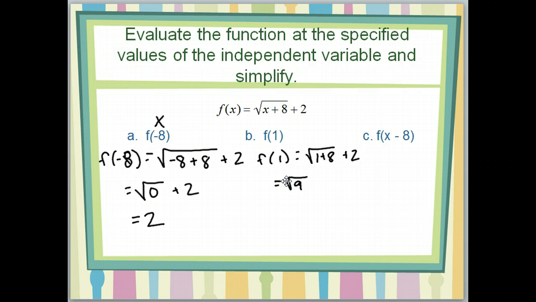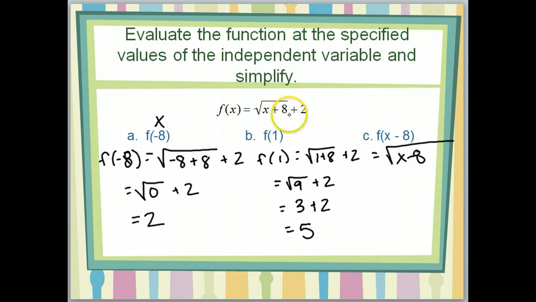The square root of 9 plus 2 is 3 plus 2, which is 5. F of x plus 8 means that we're going to substitute x minus 8. We're going to replace the x with x minus 8.